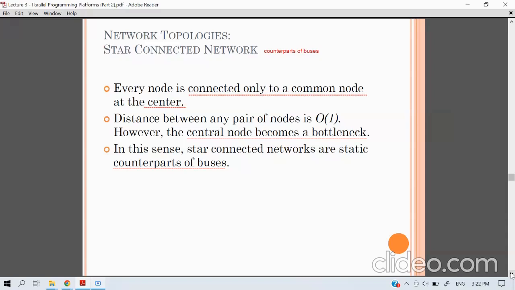When all the available nodes want to communicate, they need to go through the center node. That's why the center node becomes a bottleneck, a traffic jam. In this sense, star connected networks are static counterparts of buses.